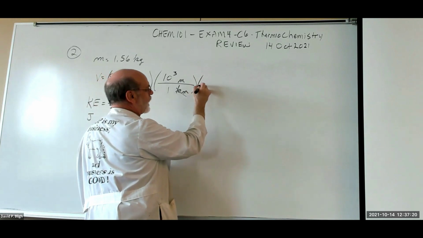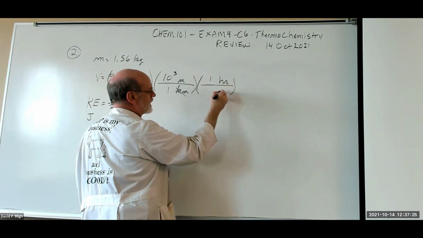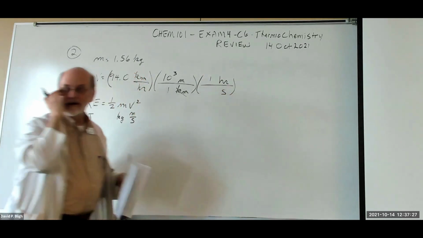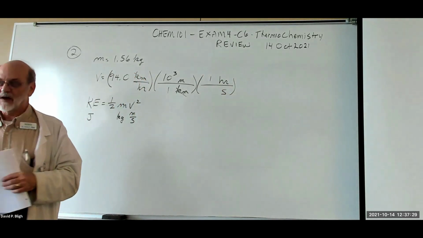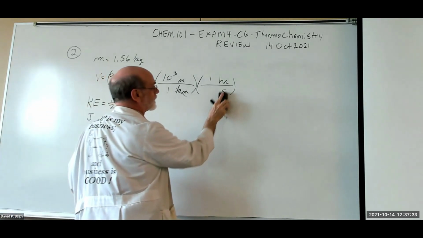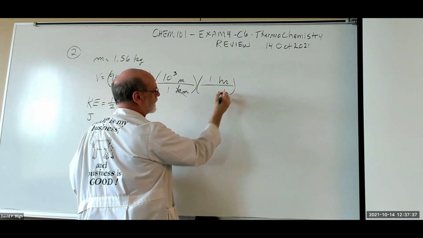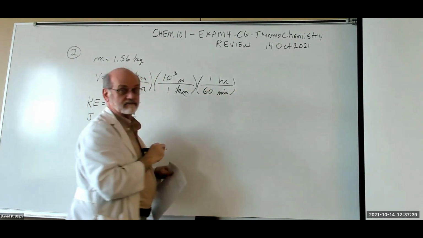Now we need to get rid of the hours. So does anybody know the conversion of hours to seconds? No? Well, we can do it. We can chain them together. How about that? 60 minutes in an hour, correct?